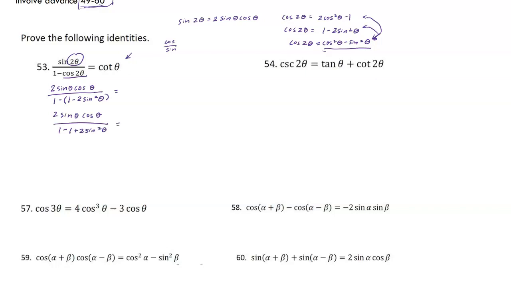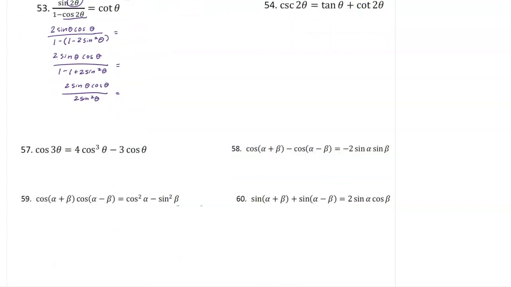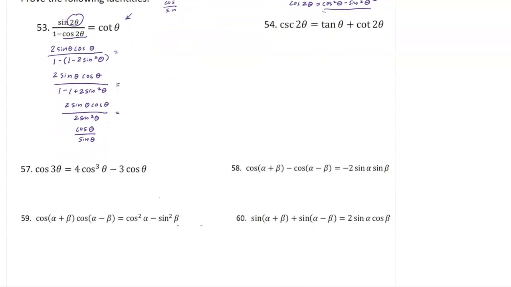And then 1 minus 1 is 0, so I get 2 sine of theta, cosine of theta over 2 sine square theta. Okay, the 2 and 2 simplify, and the sine is going to simplify. So we're going to end up with 1 sine in the denominator, no sines in the numerator. So I'm going to just end up with a cosine theta over sine theta. Exactly what I needed.